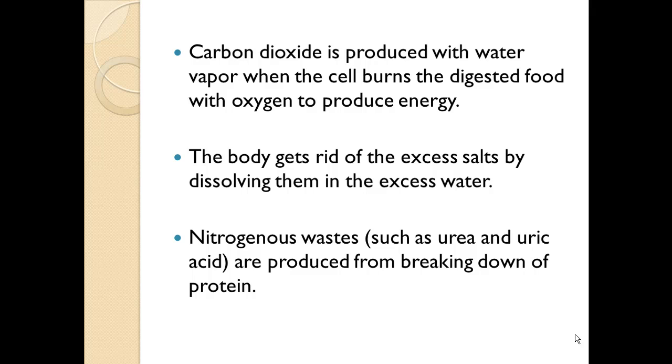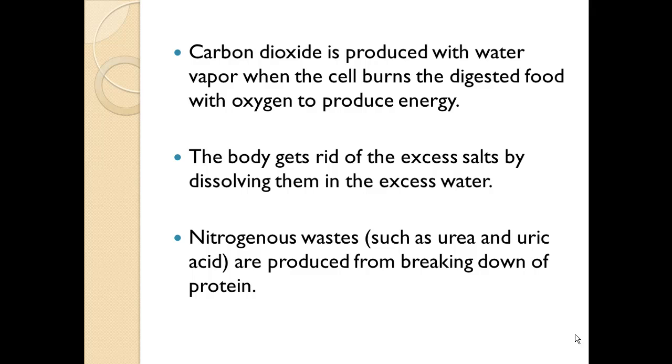When you inhale, you take in oxygen, and when you exhale, you give out carbon dioxide and water vapor, which are waste that your body doesn't need.